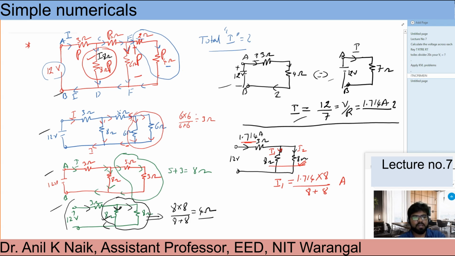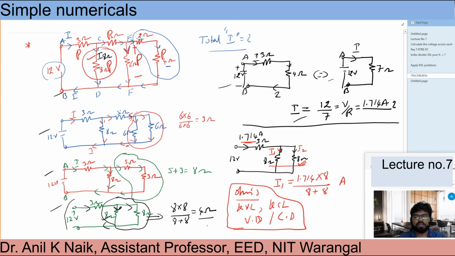So with Ohm's law, if you know Ohm's law, KVL and KCL, the voltage divider technique and the current divider technique, if you have understood them well, you can analyze any particular circuit or any network. From that you can calculate any parameters, like the power, the voltage, the current, and the resistance of any circuit.